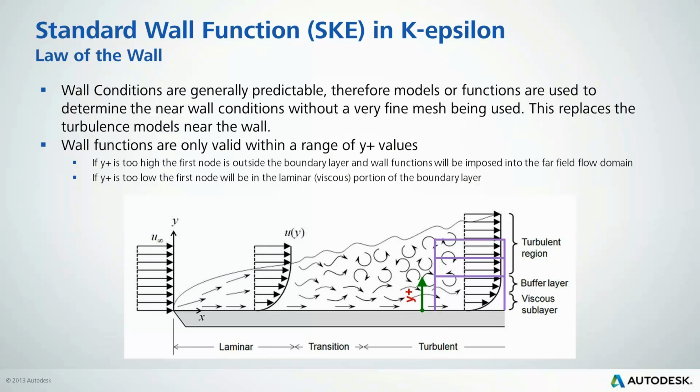You don't want it too small, because that's going to mean the viscous boundary layer along the wall. You don't want it too large, because at that point you're getting into the larger turbulent region away from the wall. So in terms of the Y plus, when you're using the standard classic wall function, you want that Y plus between about 35 and 350. And generally I like to be on that lower end when you really start to get to accuracy.